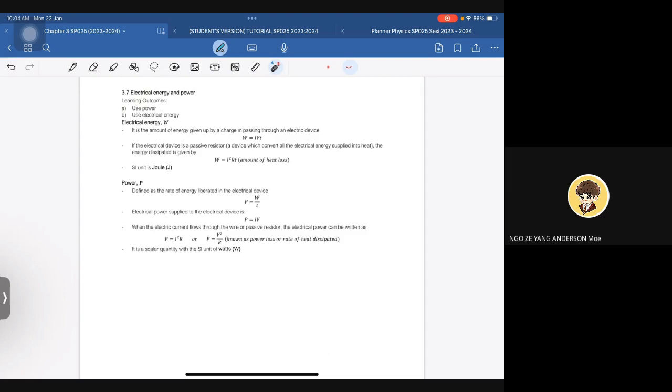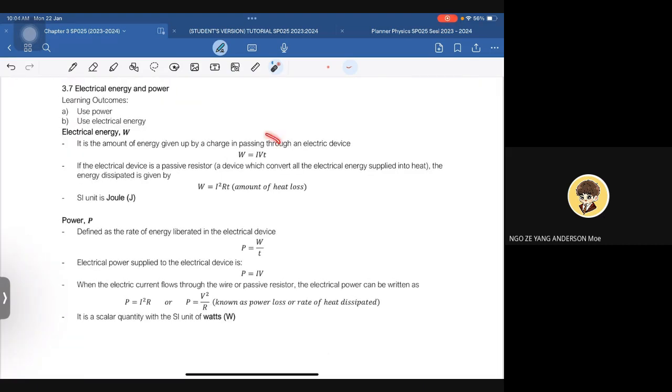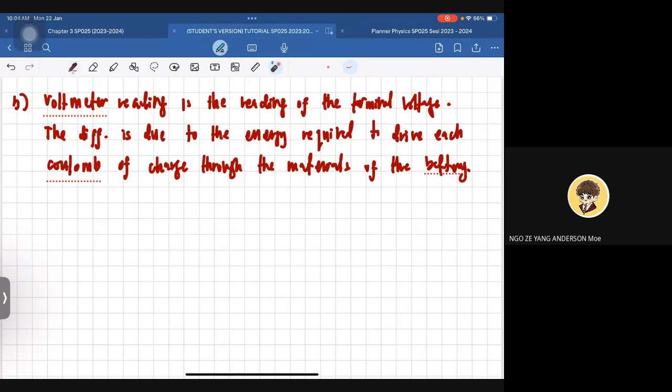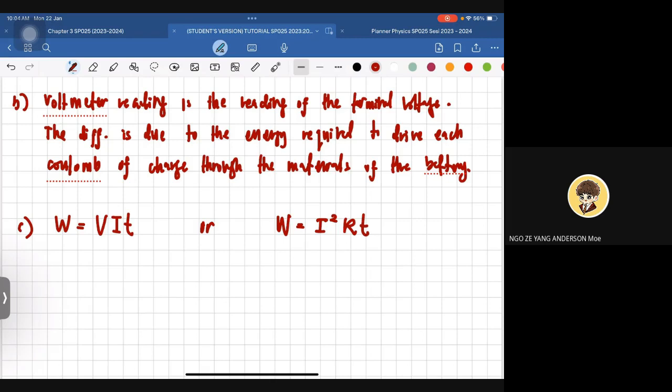To find energy, we have this equation here. Either of these two equations. The energy is W, and we have two formulas: VIt or I squared Rt. It depends on what information is available.